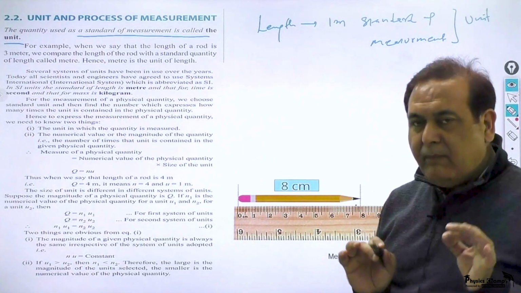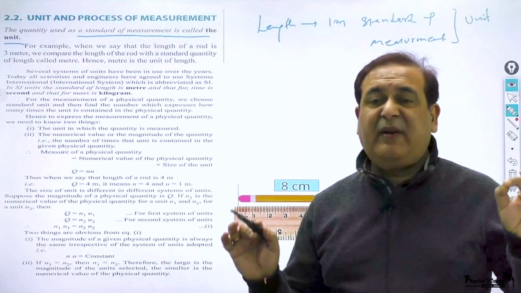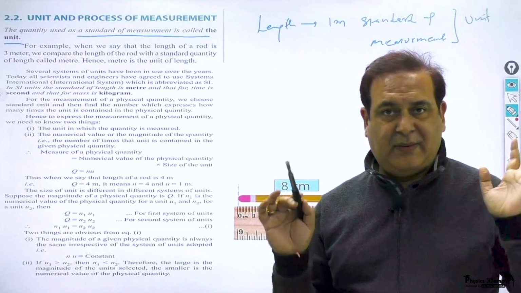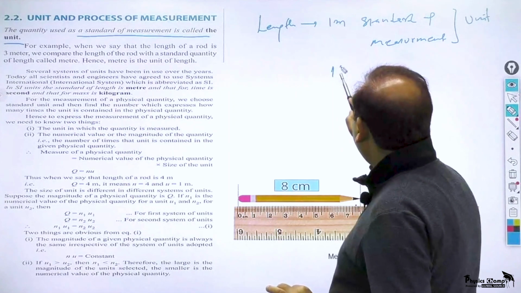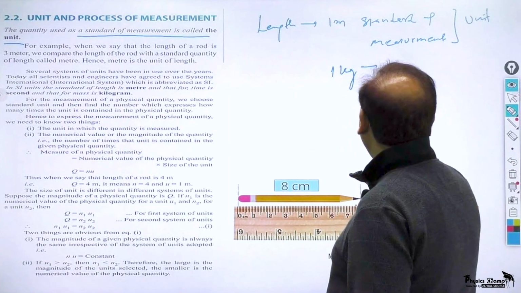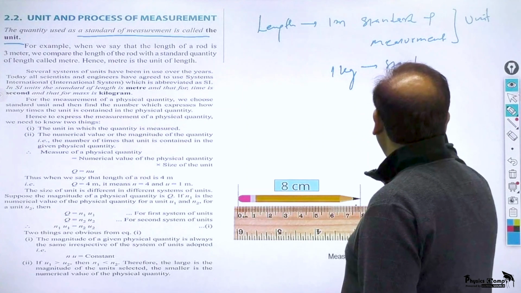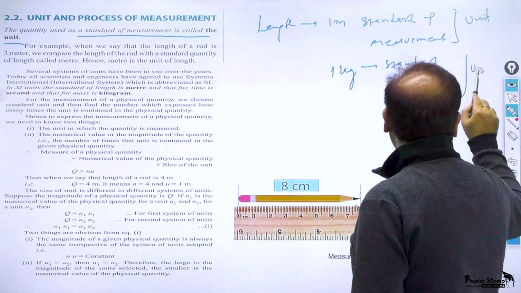So for measurement, the very first thing we have to decide is the standard of measurement. Maybe for measurement of mass, 1 kg is the standard of measurement. So I'll call it a unit.